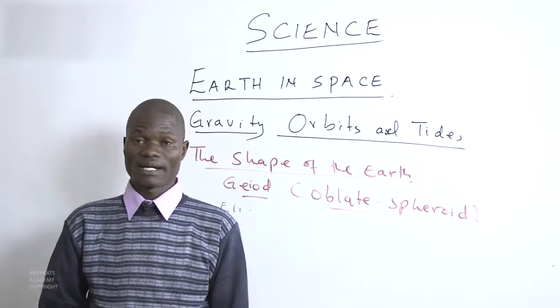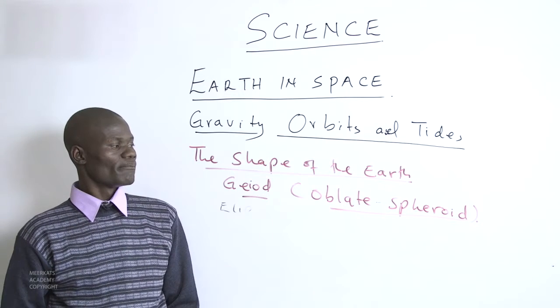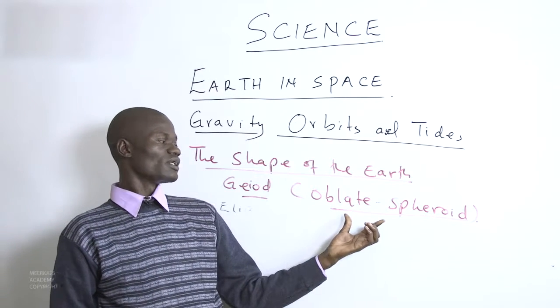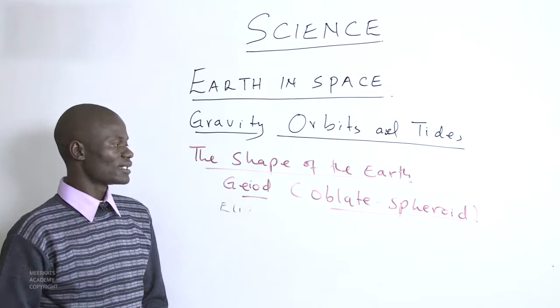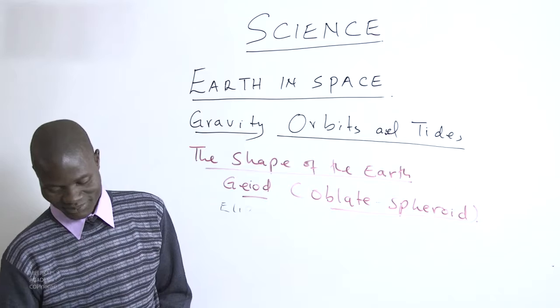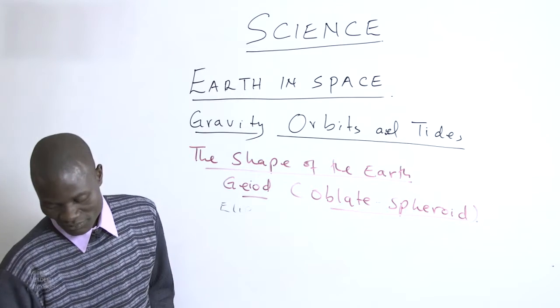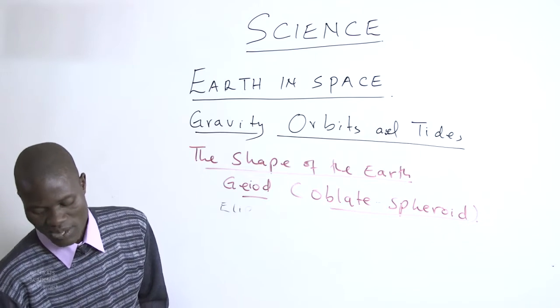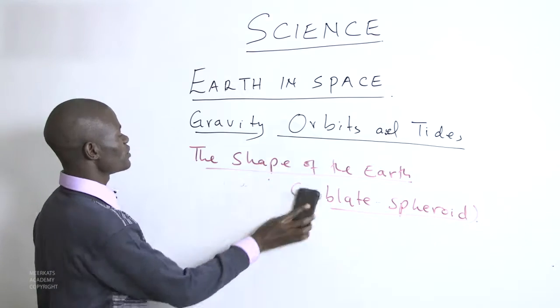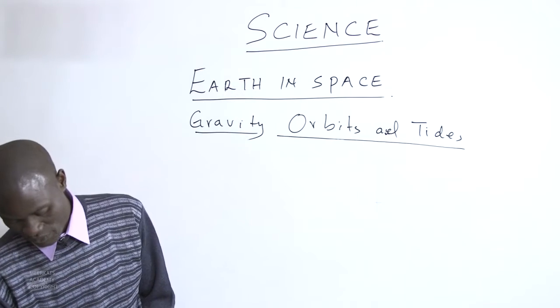Having that in our mind, we'll be able to look at the reasons that make the Earth take this shape. Let us preview what causes this shape of the Earth.